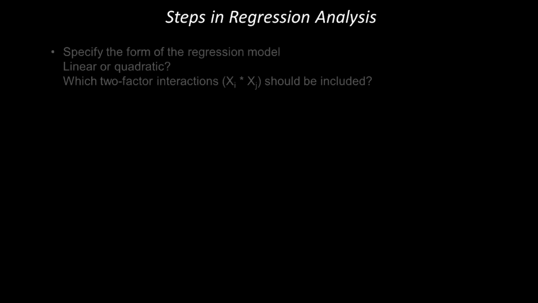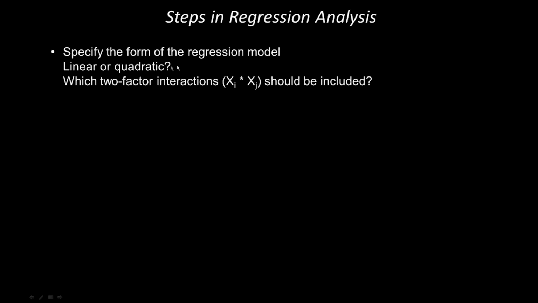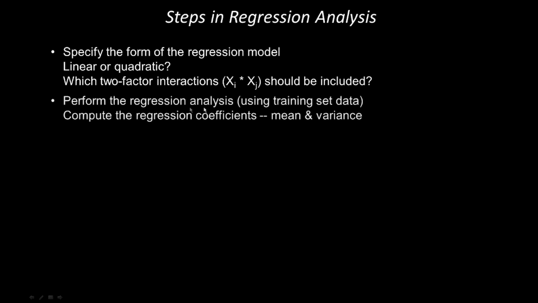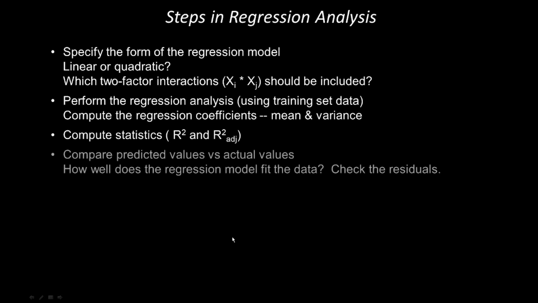So what are the steps in regression which I showed you? Specify the form of the regression model, linear or quadratic, and which of x1 to xj to include. They should not be cross correlated. That's very, very important. Perform the regression analysis using training set data, and compute many parameters: mean, variance, r square, r square adjusted, r square predicted, q square. We are going to do that. Compare the predicted versus actual values to see how well the regression fits.